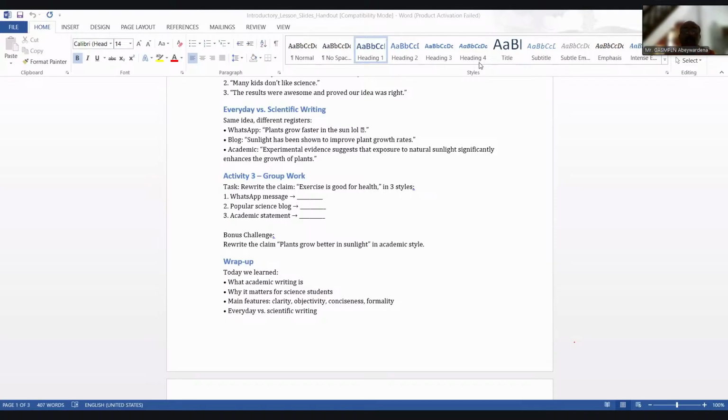Recent studies, we can't make research plural, have proven that there is a strong correlation between engaging in regular physical activities and improved health outcomes.